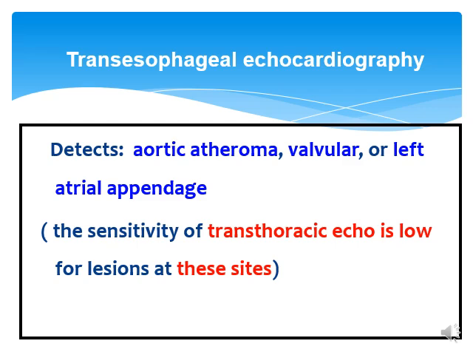Lastly, we can do a transesophageal echocardiography. This is very important to detect aortic atheroma, valvular heart lesion, and left atrial appendage, which in some cases transthoracic echo cannot visualize.